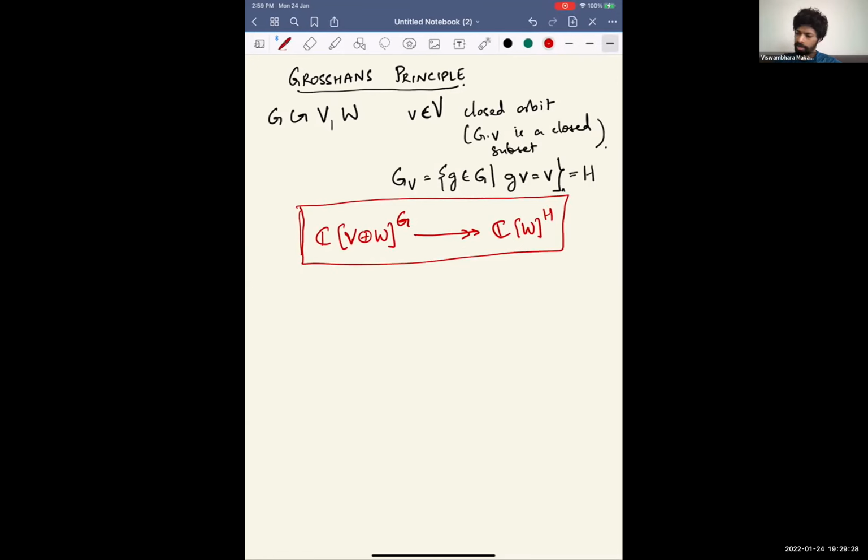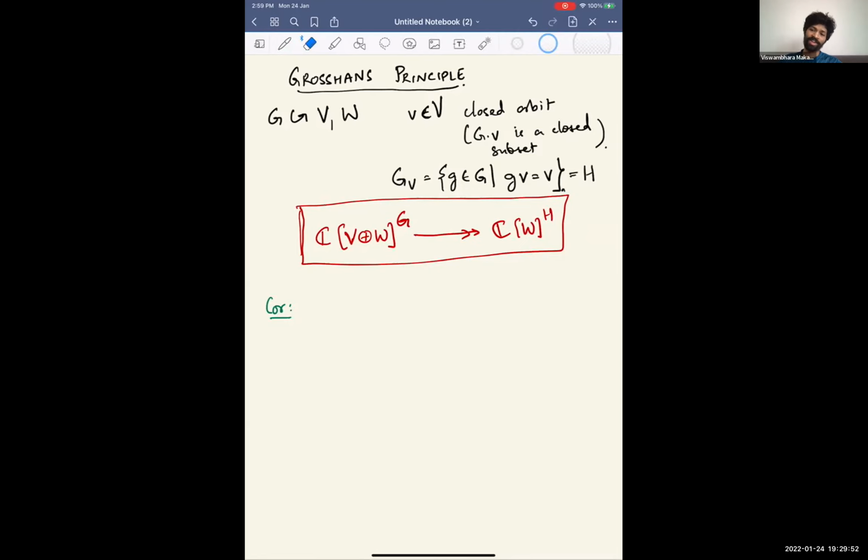Okay, so let me write down one more thing and then I'll say a little bit more about why something like this is true. So what this means is you have a surjection and it preserves degrees in a very natural and nice way, which means that if you take a generating set on the left hand side and you push it forward through this map, you get a generating set on the right hand side. And so if you have a lower bound on the right hand side, you get a lower bound on the left hand side.